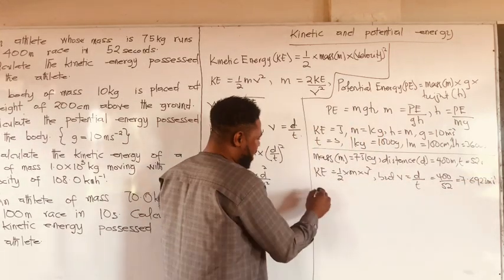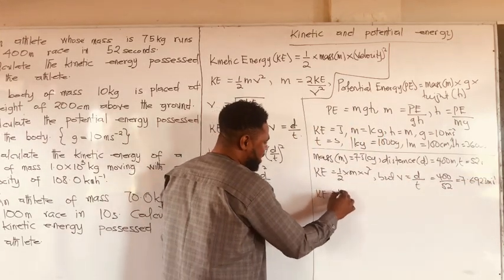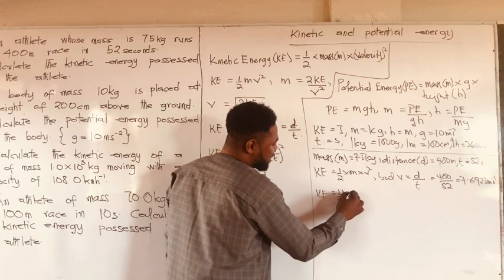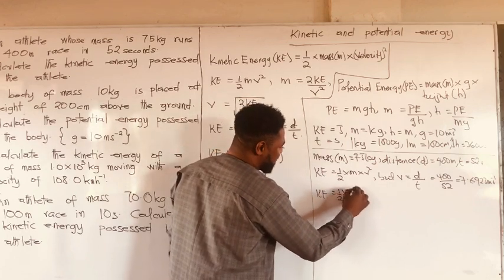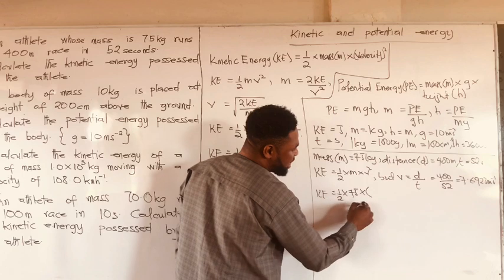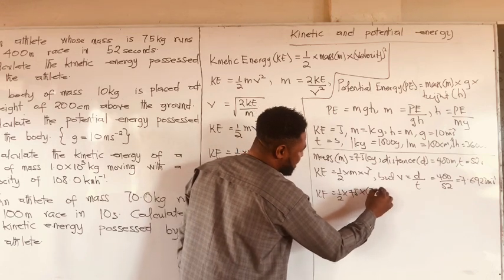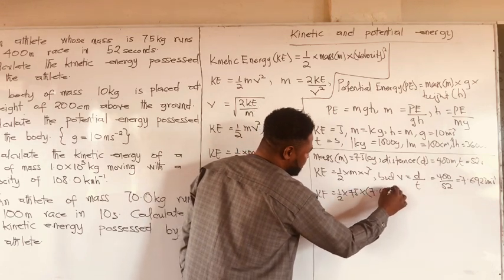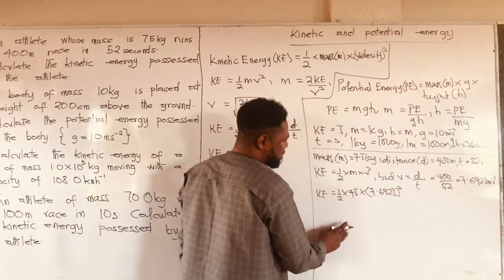So now that we know our velocity, we can calculate the kinetic energy. So we have half times 75 times our velocity, now 7.6923, all squared.